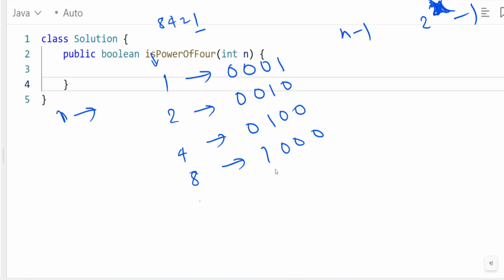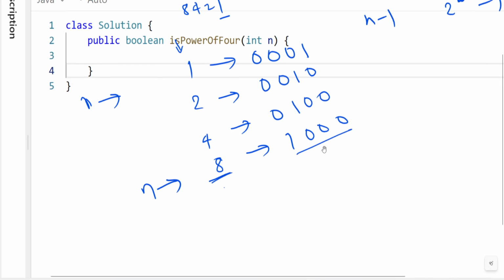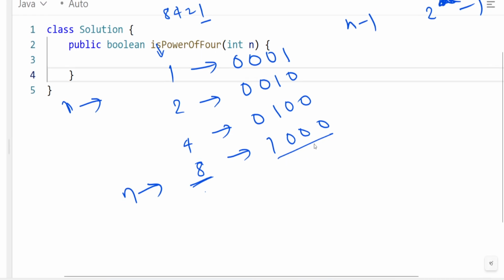For example, suppose n equal to 8. In the binary representation we have 1000. So if n equals this, and I want n minus 1, how are you going to represent it?